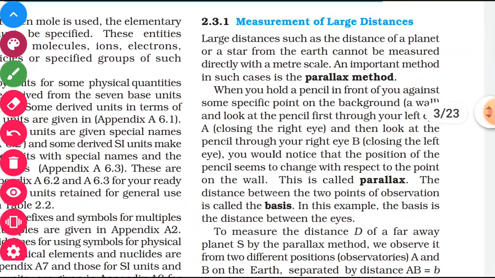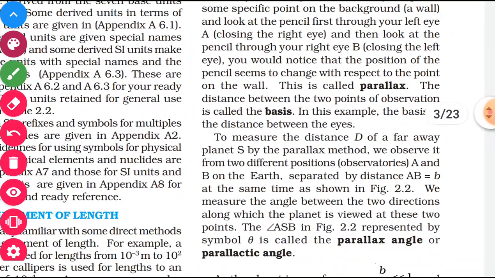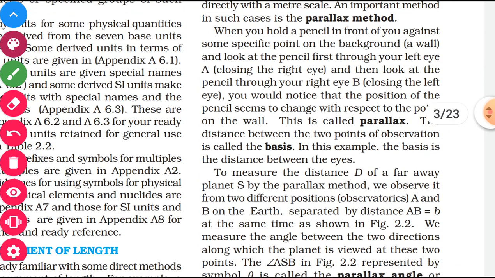Now measurement of large distance is our topic that we are going to discuss today. The method which is used here in the measurement of very large distance is called the parallax method. You can do this activity at home.